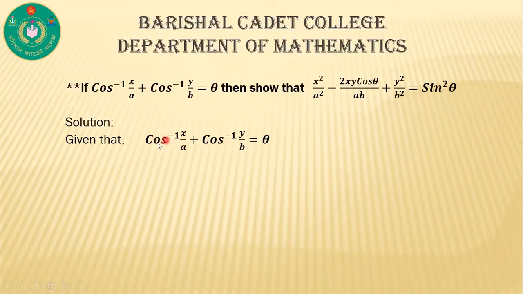You know the formula cos inverse x plus cos inverse y is equal to cos inverse of xy minus root 1 minus x square into 1 minus y square. Now applying this formula here, x means x by a and y means y by b.